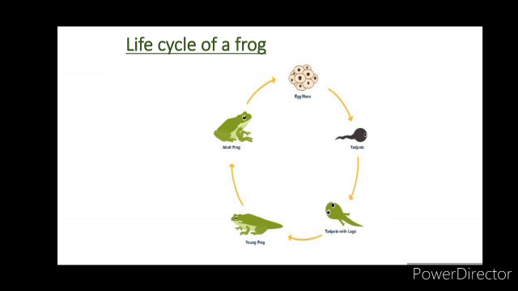It comes out of the pond and starts living on damp land, eating insects, beetles, and worms. An adult frog breathes through the lungs on land and through the moist skin in water. Students, this is all about life cycle of a frog. Now let's watch a small video about life cycle of a frog.